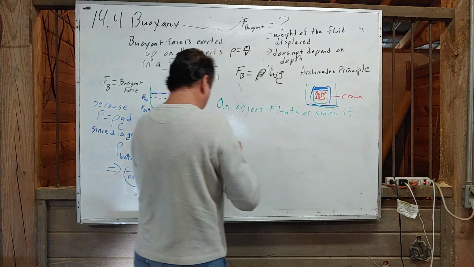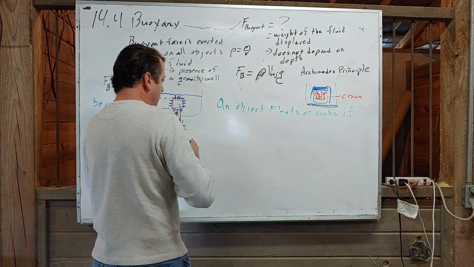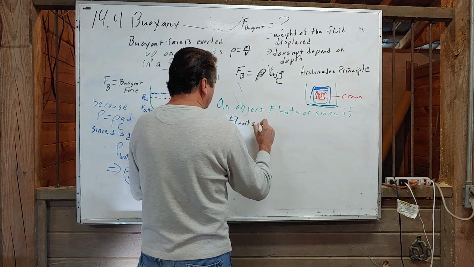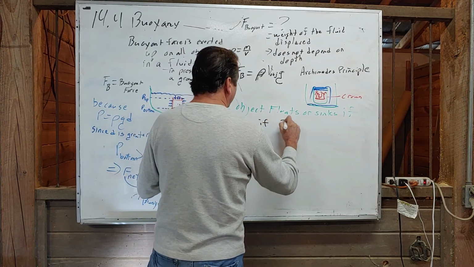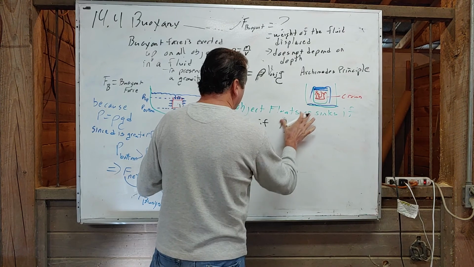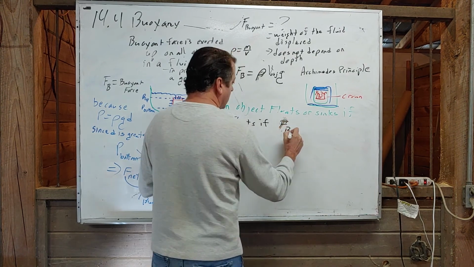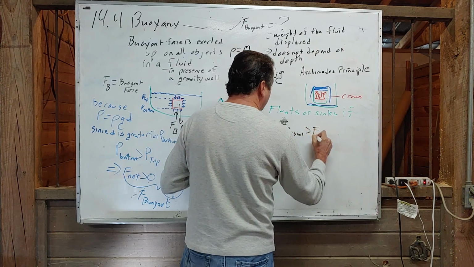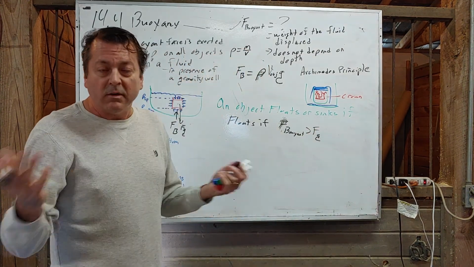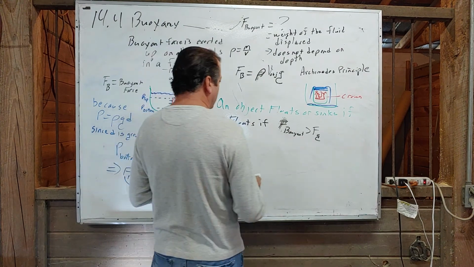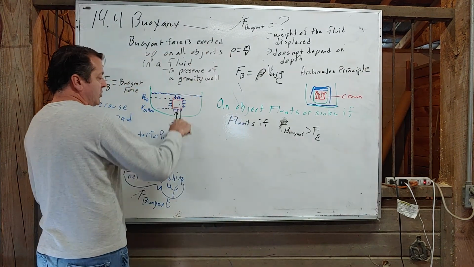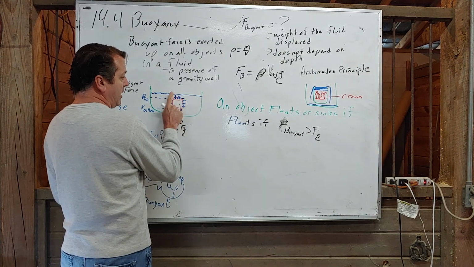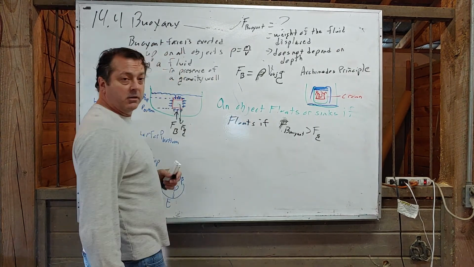If, and this is key, it floats if the buoyant force is greater than the weight, the force due to gravity pulling down on it. Force due to gravity pulling down, and the buoyant force of it. If the buoyant force is greater, it'll float on top of the water.